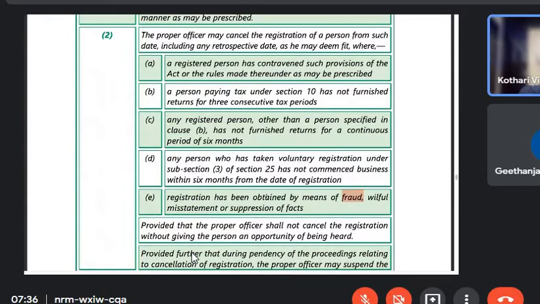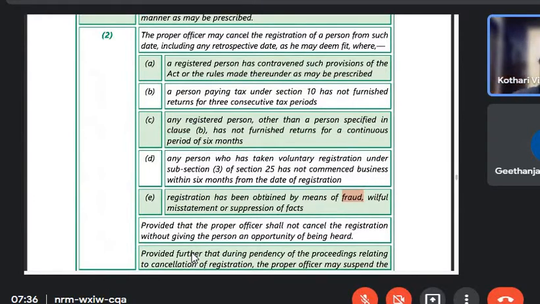C. Any registered person other than specified in clause B has not furnished a return for a continuous period of 6 months. So in case of composition levy, it is 3 tax periods. If a registered dealer has not submitted the return for a period of 6 months, then the registration can be cancelled.